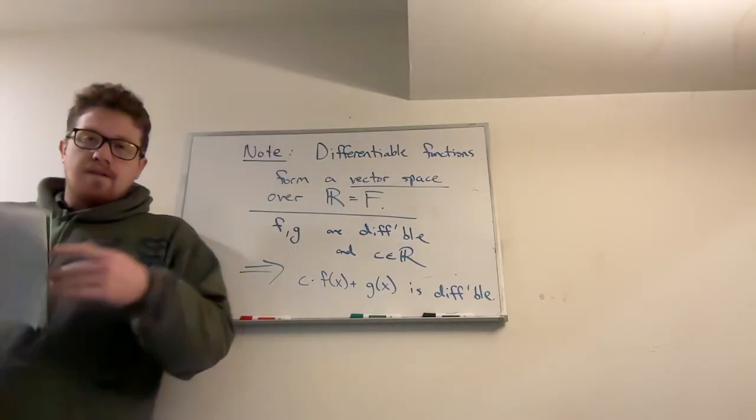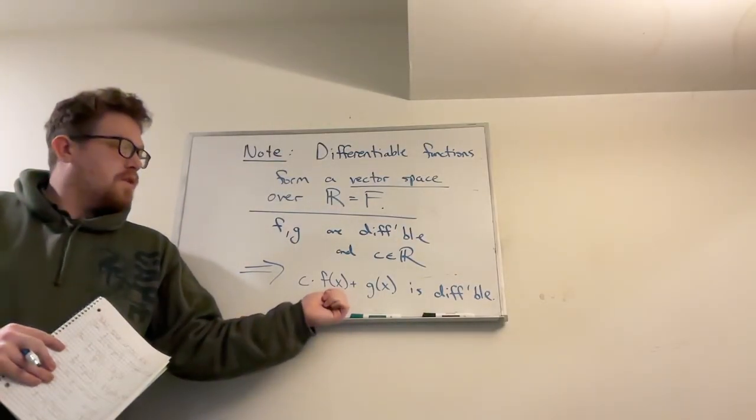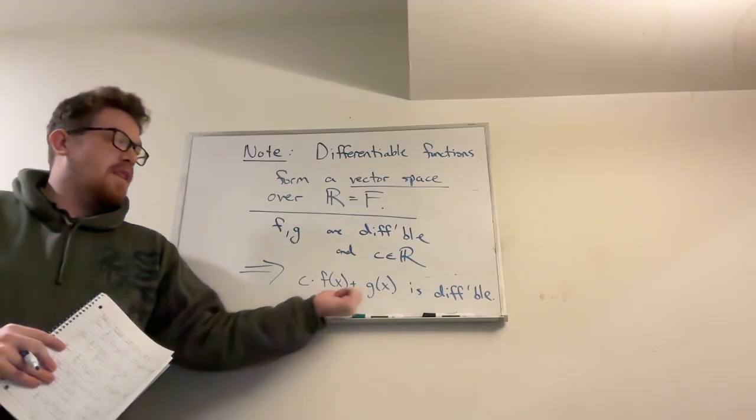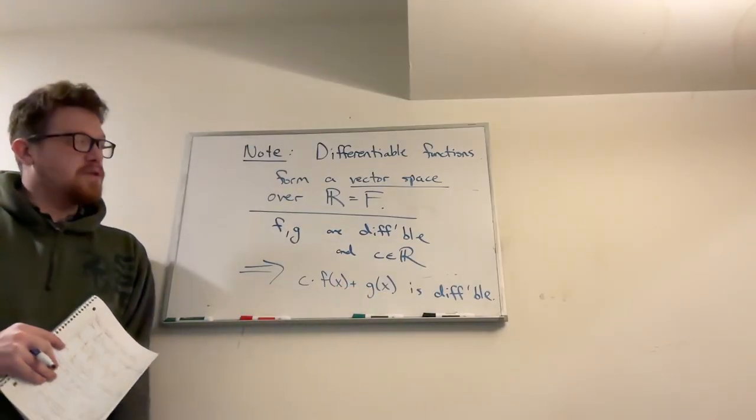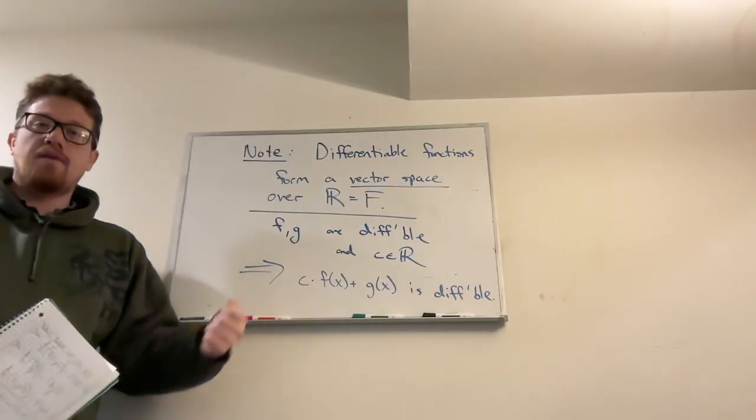Right, and that's what makes something a vector space. You can scalar multiply a function, you can add another differentiable function, and the result is also differentiable. So you have this vector space structure, you have addition, you have scalar multiplication.